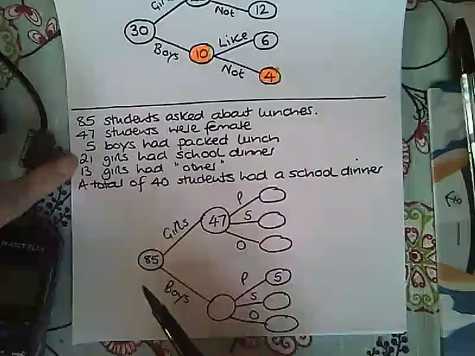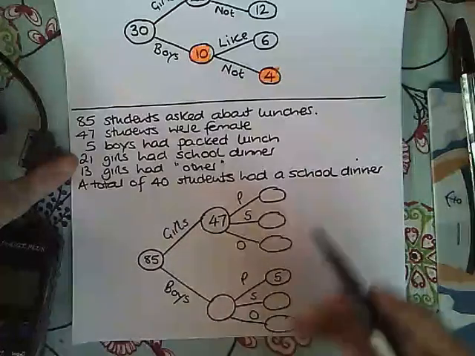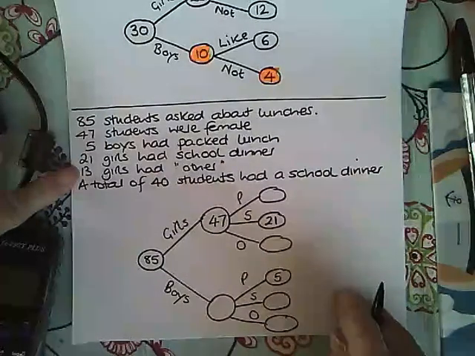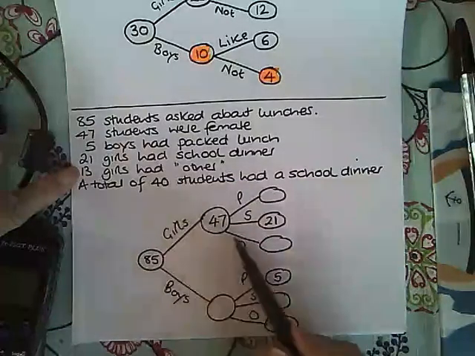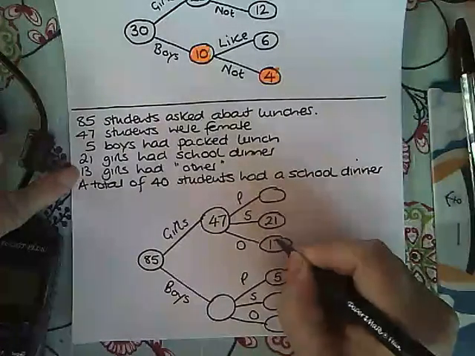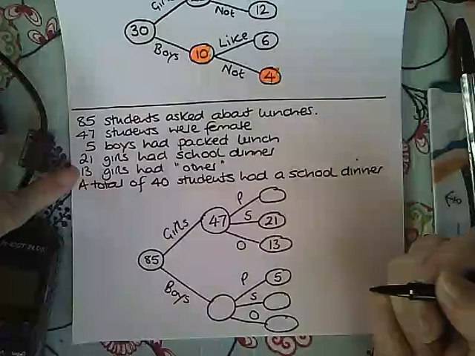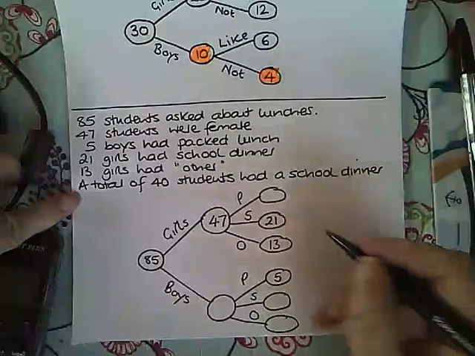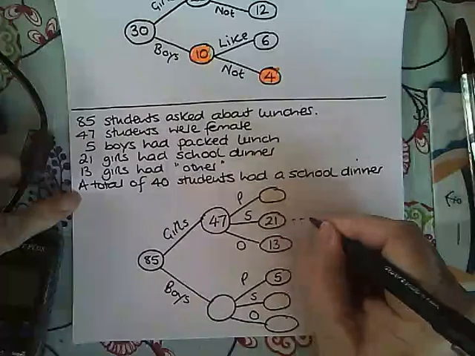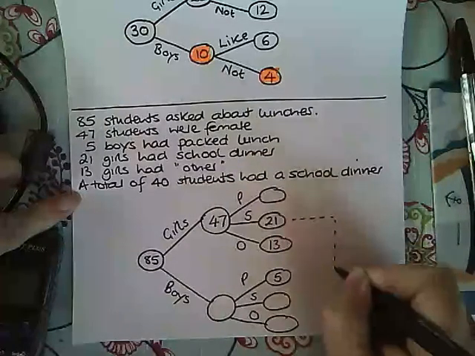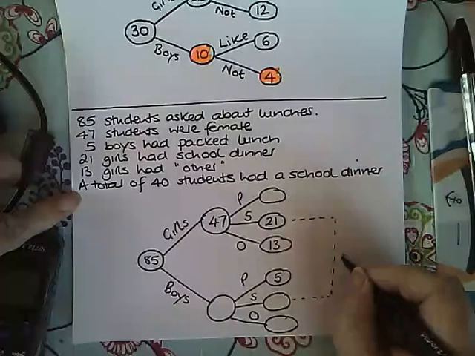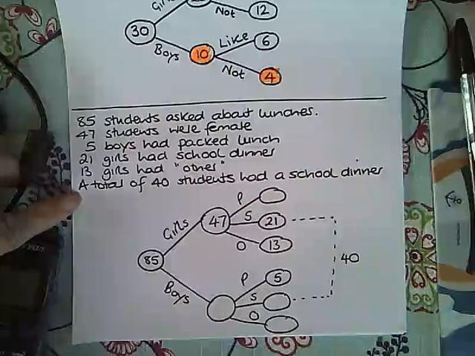So girls, school dinner, 21. 13 girls had other. Girls, other, 13. And a total of 40 students had a school dinner. Okay, so I'm just going to do a little dotted line around here because those are my 2 school dinner bubbles and they've got to add up to 40 in a minute.